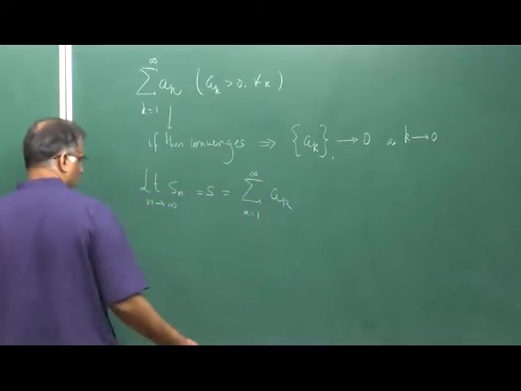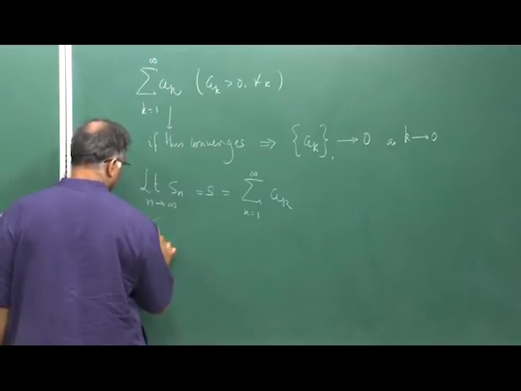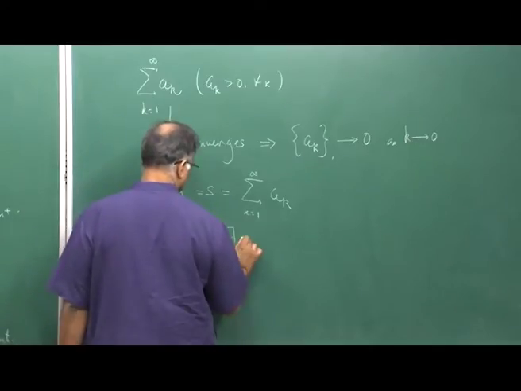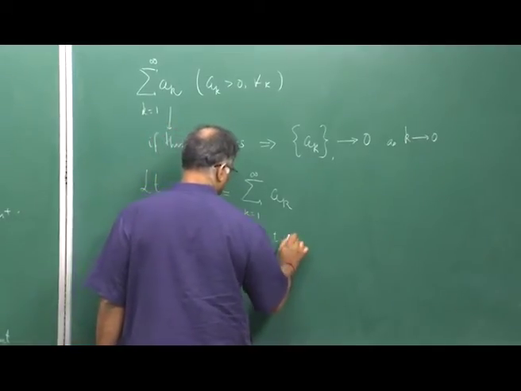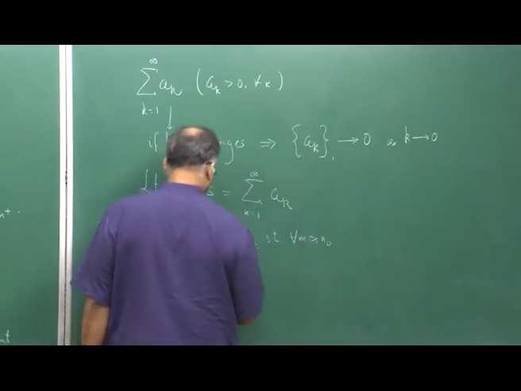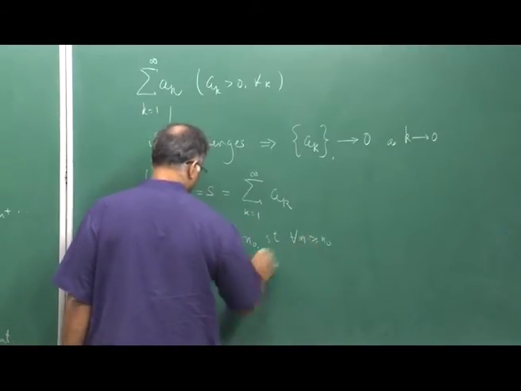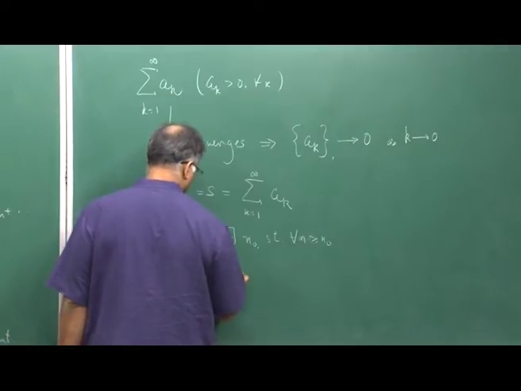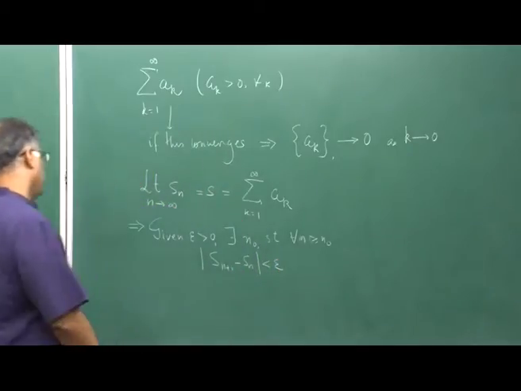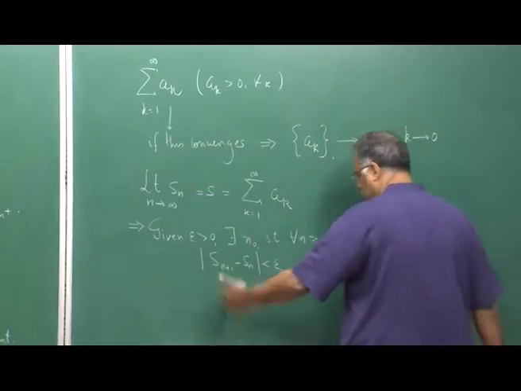So S_n is a Cauchy sequence, what we have learnt earlier. This would imply that given epsilon greater than 0, there exists n naught such that for all n bigger than or equal to n naught, the modulus of S_{n+1} minus S_n must be strictly less than epsilon. Because it is a Cauchy sequence, this will also be true.